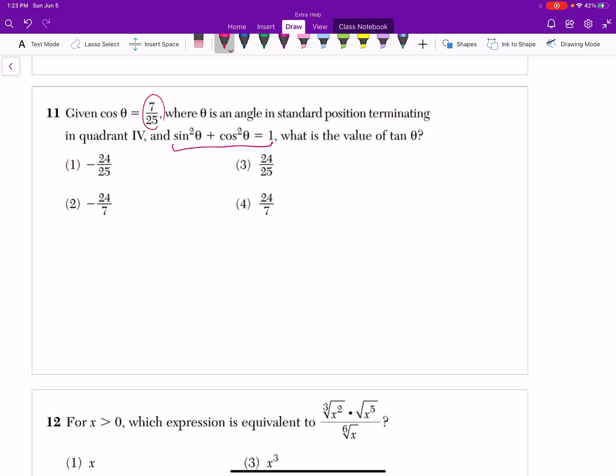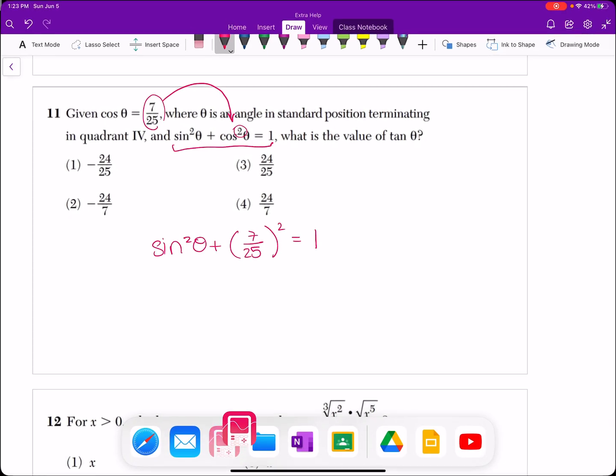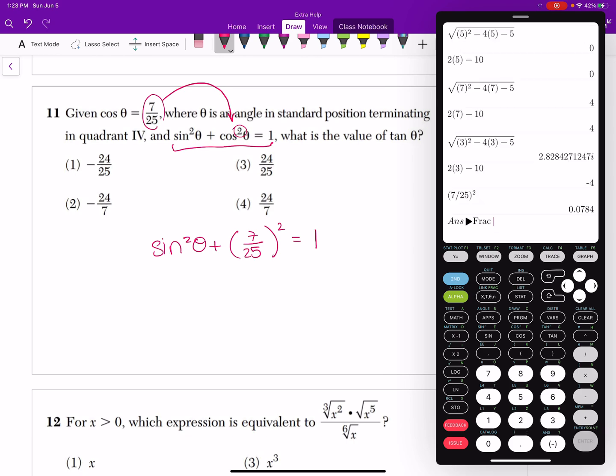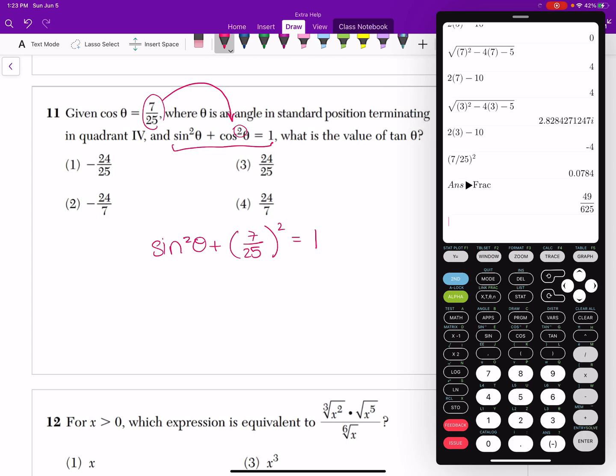Cosine is 7 over 25. So I'm going to plug that into the formula that was given. 7 over 25 squared, since cosine is being squared. So on my calculator, 7 over 25 squared. You can keep it as a fraction if you want, or make it a decimal, your call.